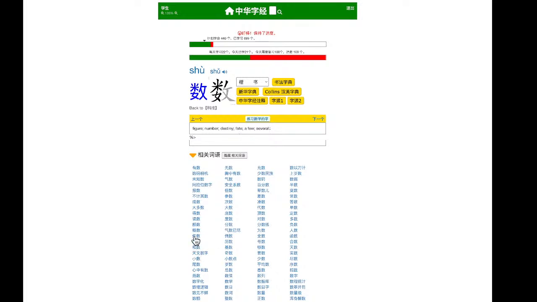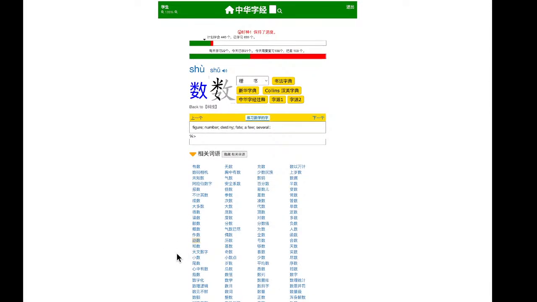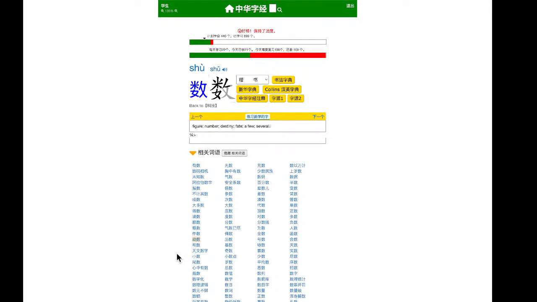Like 气数已尽, right, that means the fate, okay, a person's fate or the fate of an event. 气数已尽, this 成语, here also means destiny or fate. Also common is to refer to a few, several, like 数人, that means a few people.